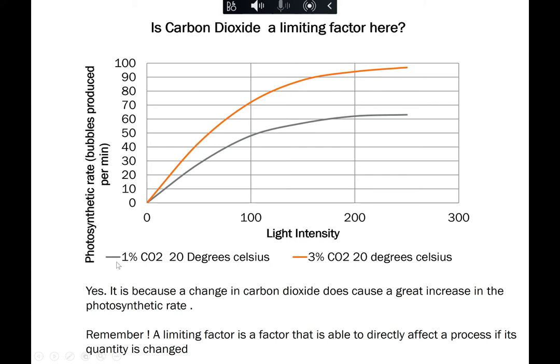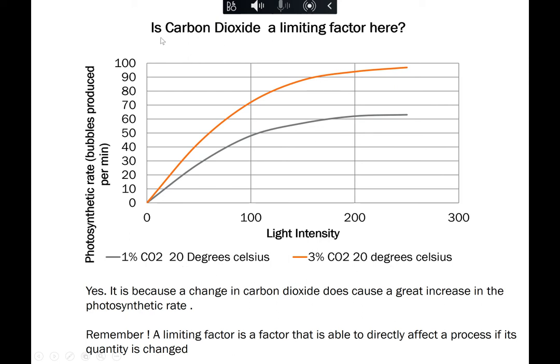The first experiment, the gray line, is a 1% carbon dioxide concentration. The second experiment, the orange line, is a 3% carbon dioxide concentration. Please take note, they are happening at the same temperature, 20 degrees Celsius.